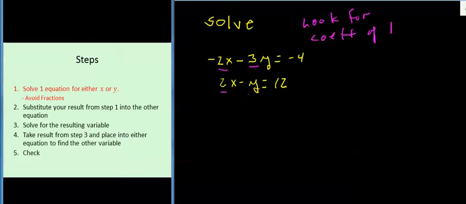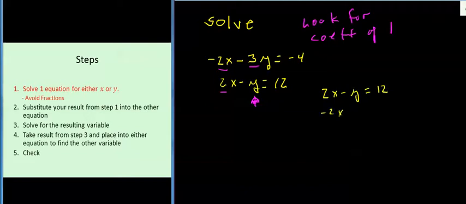But here I have a negative 1. All right? I want to solve this equation for y. That way I will not have any fractions. I can do it with fractions, make no mistake about that, but I want to avoid them. So 2x minus y equals 12.